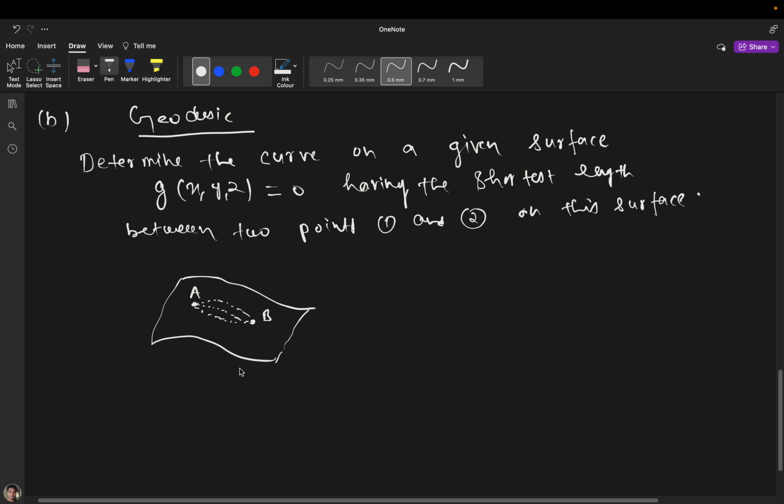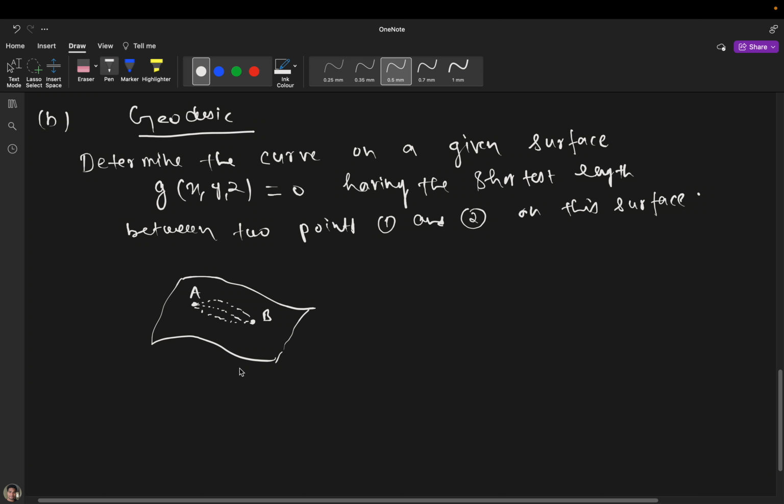On the surface of Earth, because we are a very small kind of particle on the surface of Earth, but that is not true on the bigger length scale. That is not a straight line, that is actually a curve. So in this problem, you cannot say that the shortest path will be a straight line joining point A and point B. If both points are very close, maybe, but that is a very limiting case.